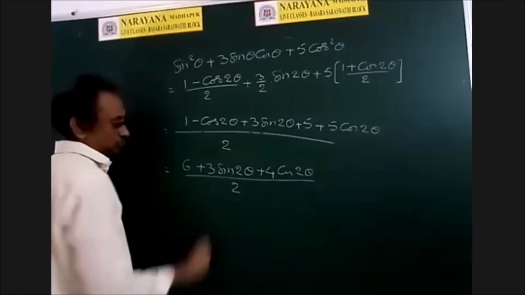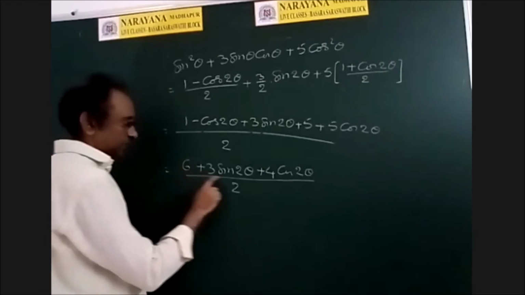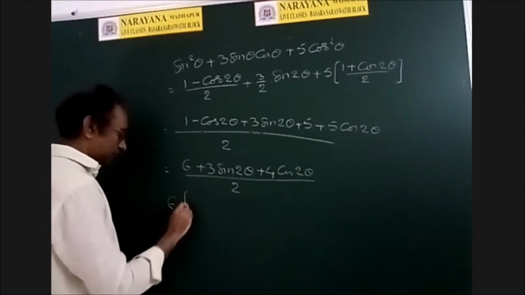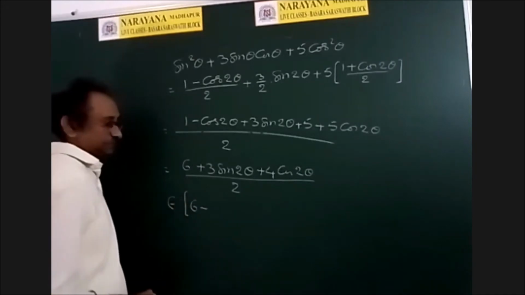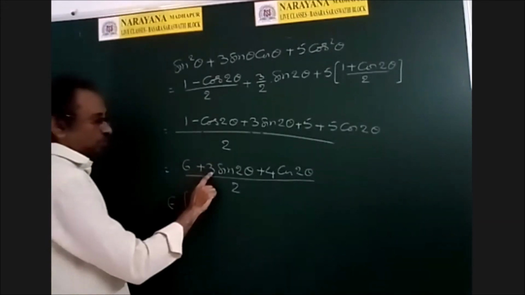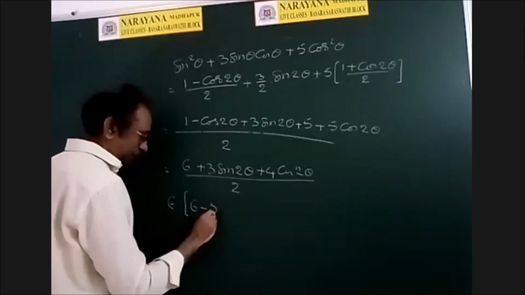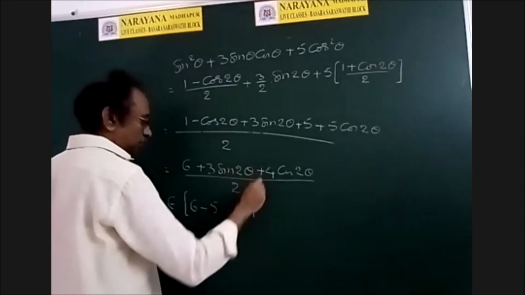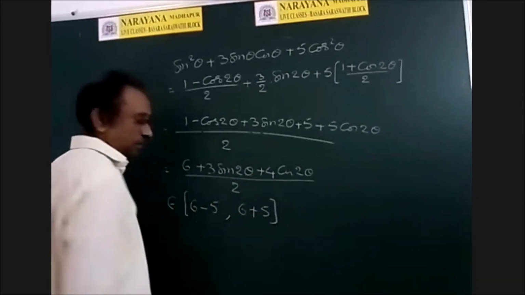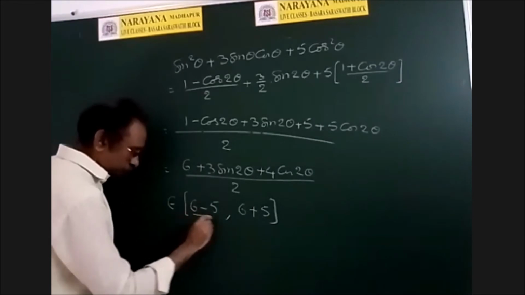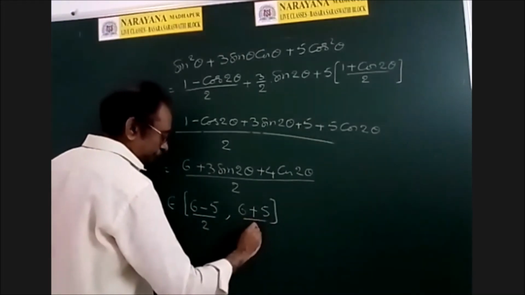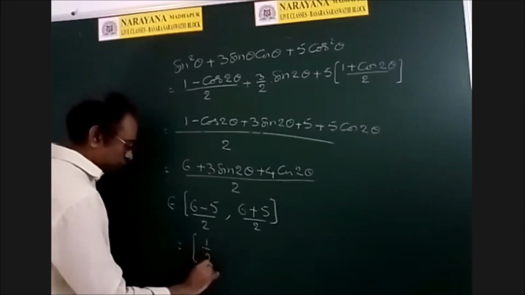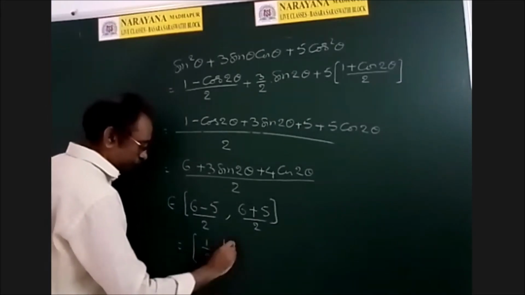All divided by 2. And we know this function, so its range is 6 minus root of a square plus b square, comma 6 plus root of a square plus b square, that is 5 by the standard number. But there is a division by 2, therefore divide with 2. So what is the range? 1 by 2 and 11 by 2.